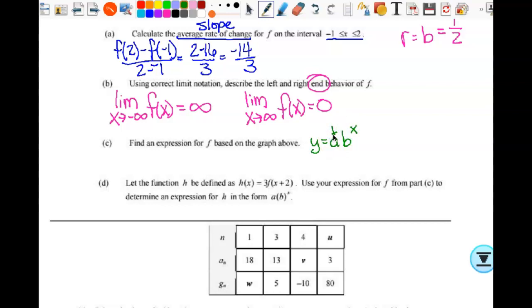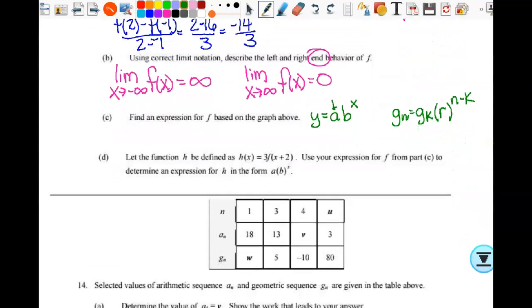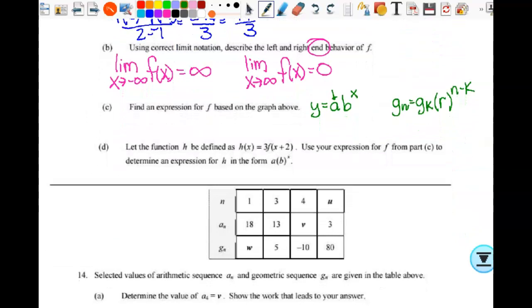You can also do it using the formula we used on the other one, where g sub n equals g sub k times r to the n minus k. Sometimes you have to use that. But in this case, we found b, we have that, and we have our initial amount, it's 8. So I can say that f of x is equal to 8 times 1/2 to the x power.